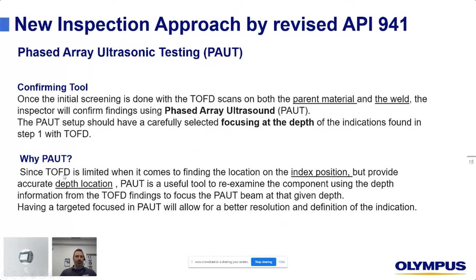Since TOFD is limited at finding the exact position but provides accurate depth location, phased array is a useful tool to re-examine the components while using the depth information from the TOFD finding to focus the phased array beam at that given depth. Basically what it says above.